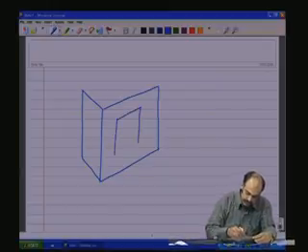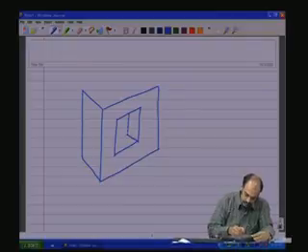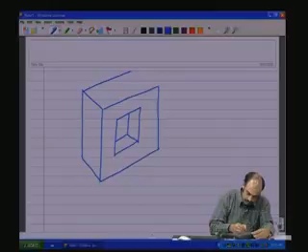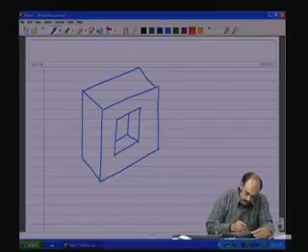This is a transformer core. So, the windings are in this pattern.